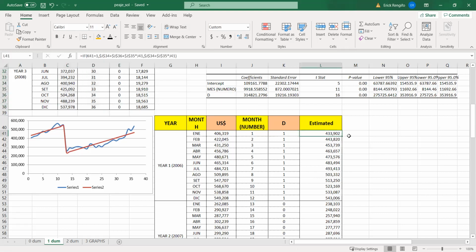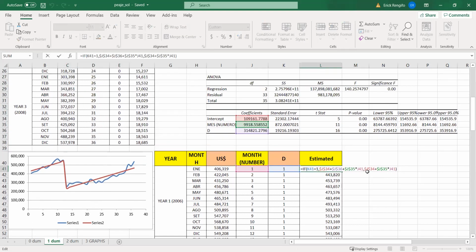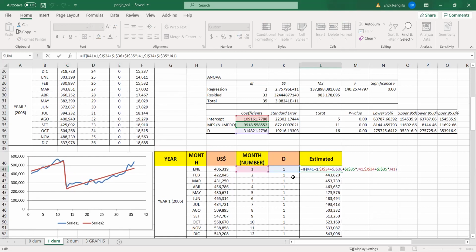Yes. So the estimated value, remember, if you see this one here, it's simply like this. If K41 is equal to 1, so that's what I'm saying. If this number here is 1, you use the complete equation, correct?